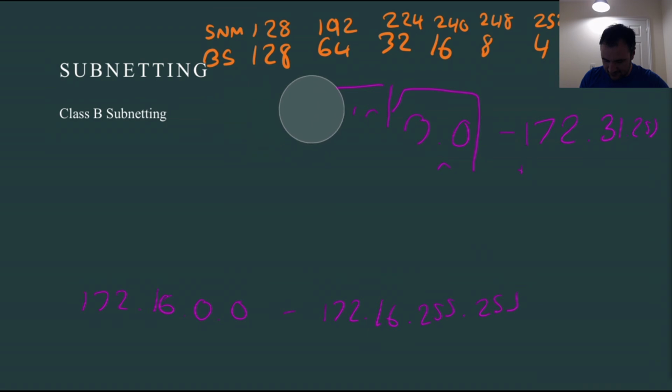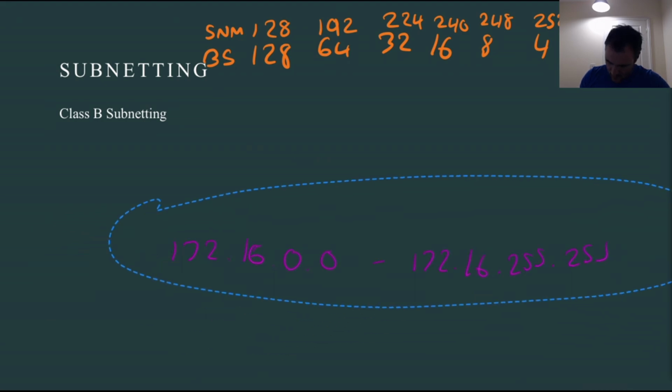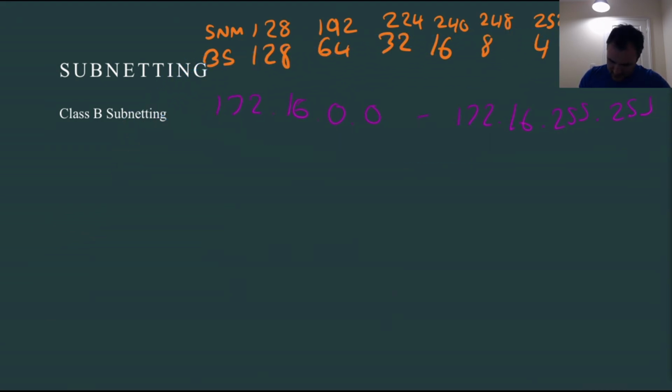That's the class full address. Okay. Just going to plonk that up there. Nice. So if I have a build, let's say I require 1024 at 1018 hosts. Okay. Just as a scenario, for example, I'll leave this number at the side.